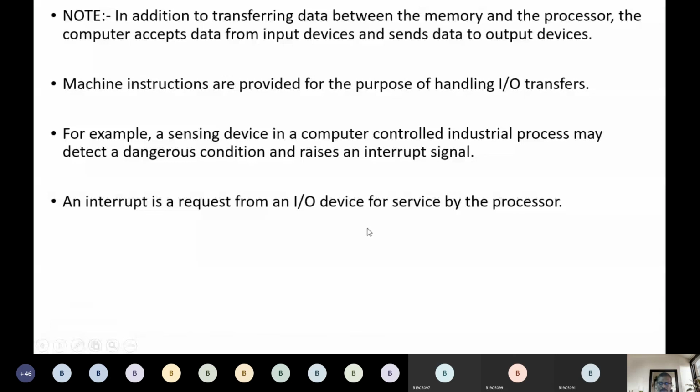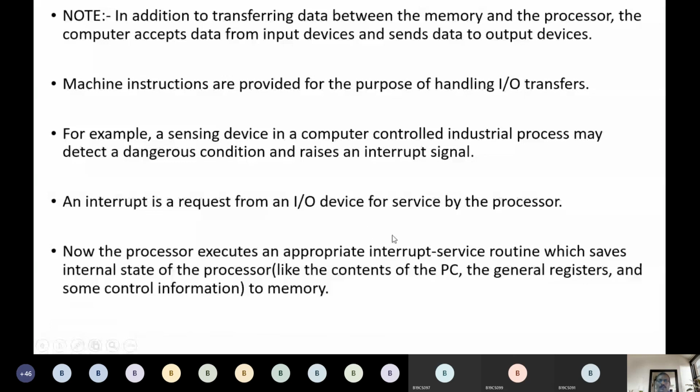When the processor executes this interrupt service routine, the routine saves all the previous work of the processor into its registers, and then it gets executed and gives the response, maybe ringing the bell.